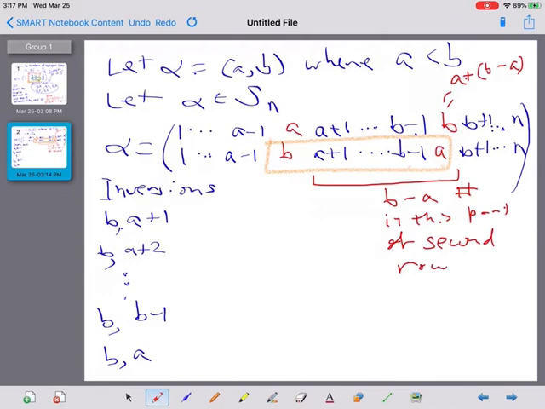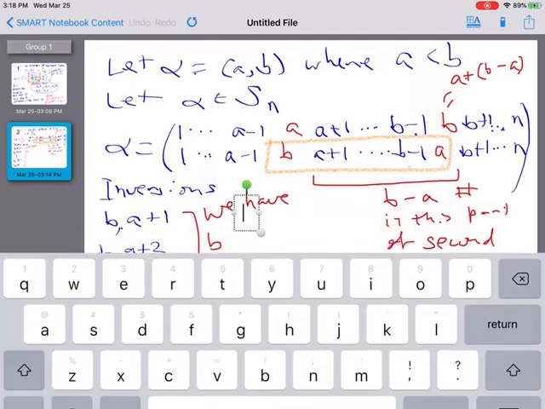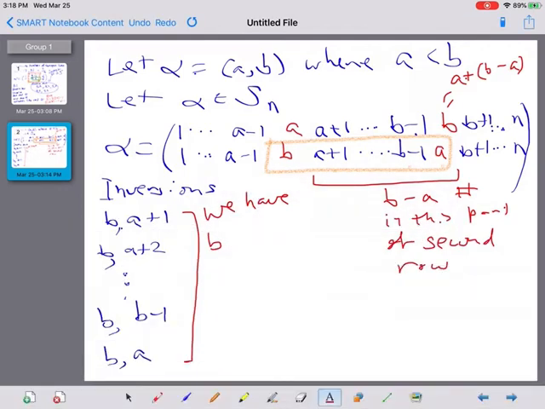Well, what does that mean? Each one of those numbers corresponds to one of these inversions. And so that means we have B minus A inversions of this sort.